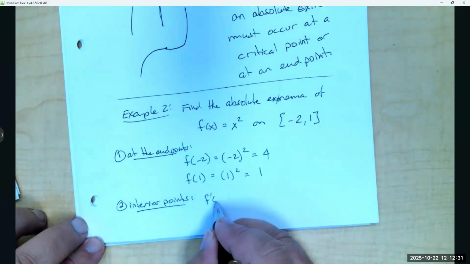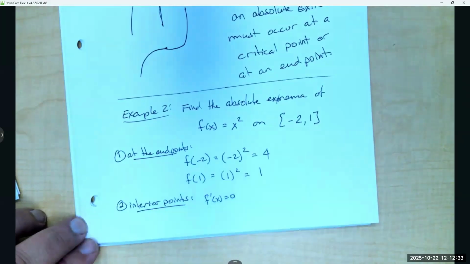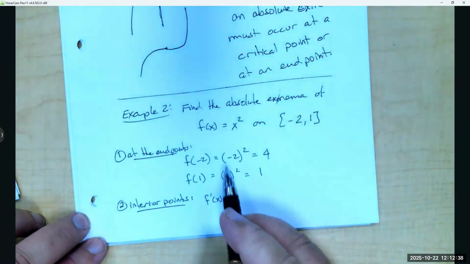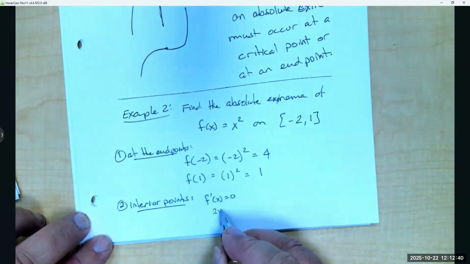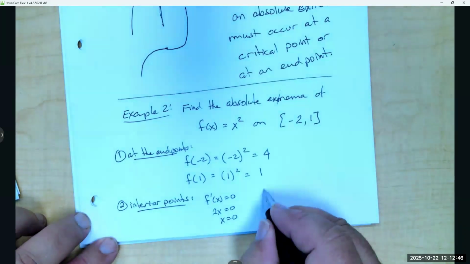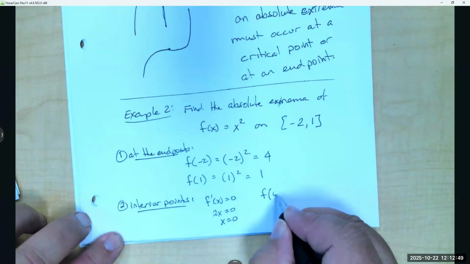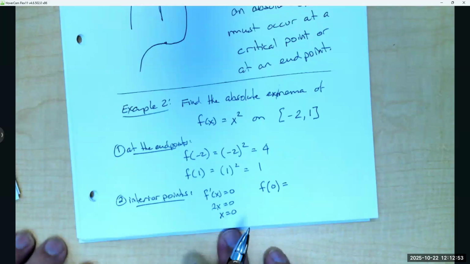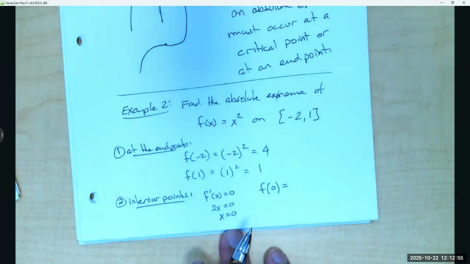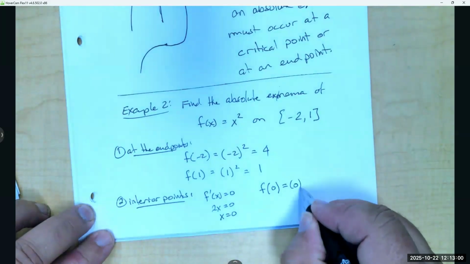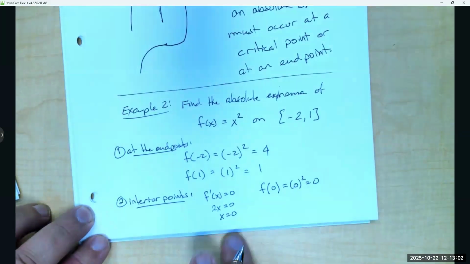Well, we take the first derivative and set it equal to 0. The first derivative is 2x, set that equal to 0, x is equal to 0. So we look at the value of the function at 0. 0 squared is 0.